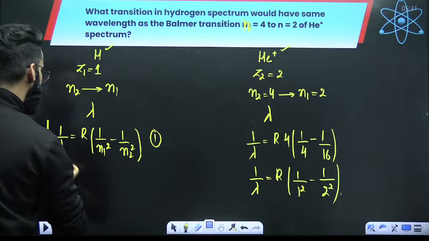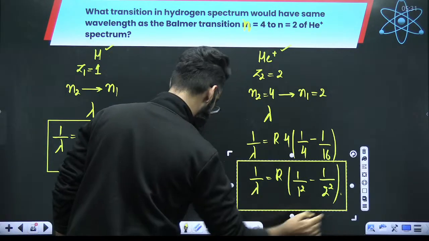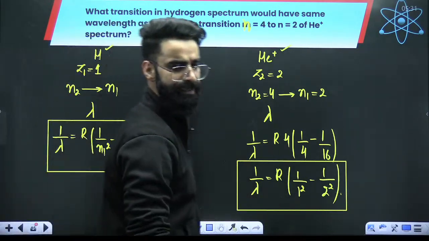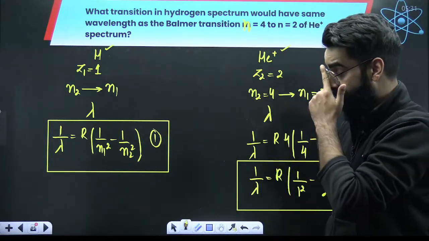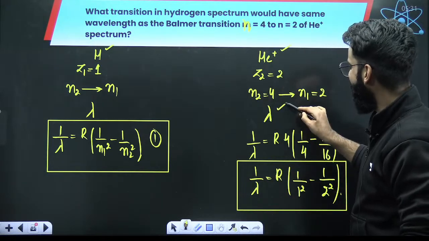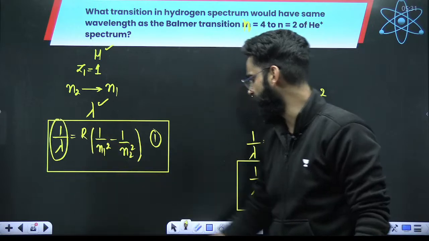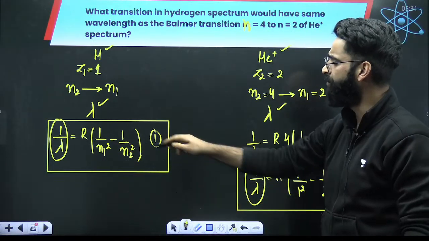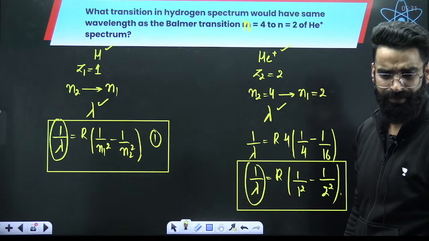My dear students, if you compare both these two equations, what will you analyze here? See, lambda emitted here as well as lambda emitted here should be the same. So the LHS in both the equations is the same. If the LHS in both the equations is the same, that means the RHS in both the equations should be the same too, right?